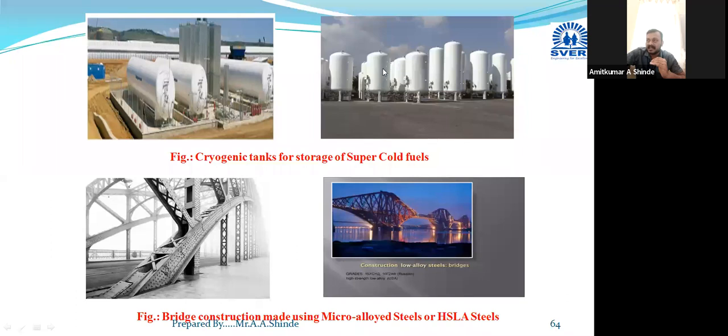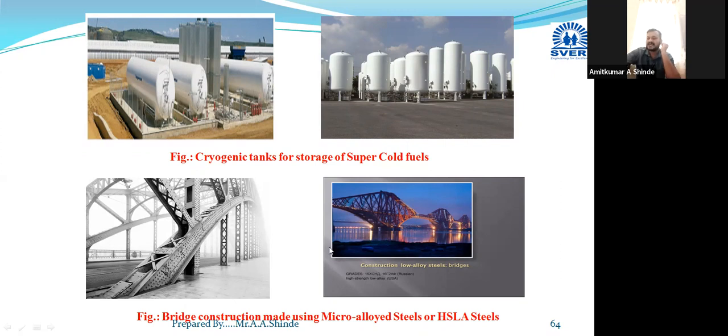They are stored in these tanks. These cryogenic tanks are manufactured with the help of HSLA steel. I am showing you these pictures so it will be very easy for you to remember the applications. HSLA steel bridges are manufactured.